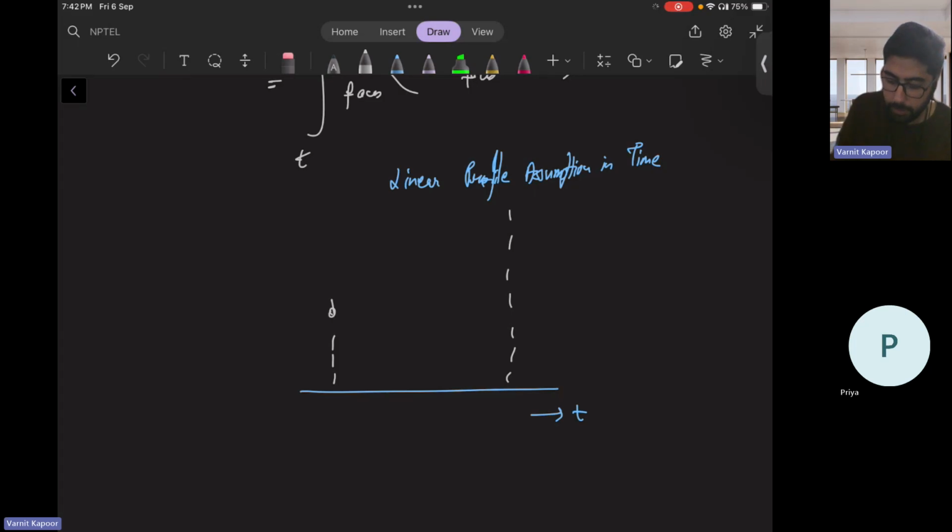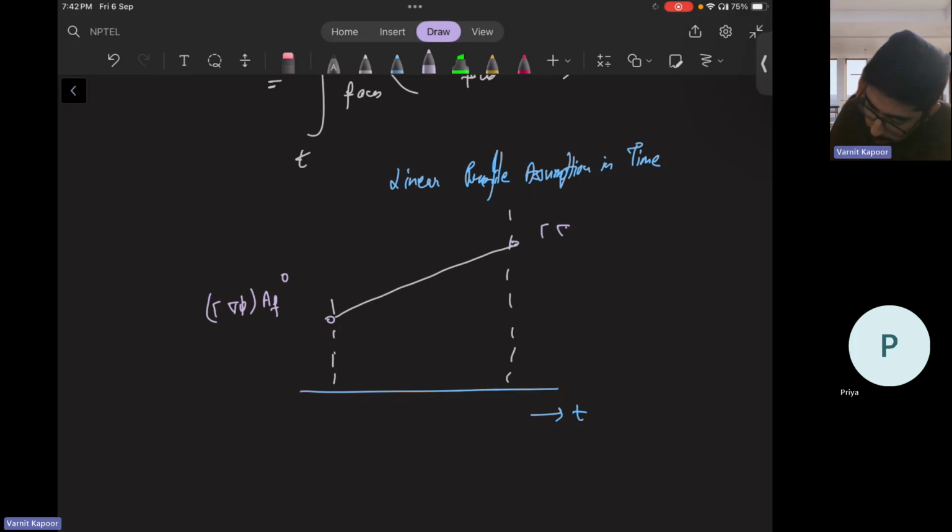So here I have a value Γ∇φ at face f at 0, that is time t, because it is a linear profile assumption. So here the value will be Γ∇φ at face f at 1. Okay.